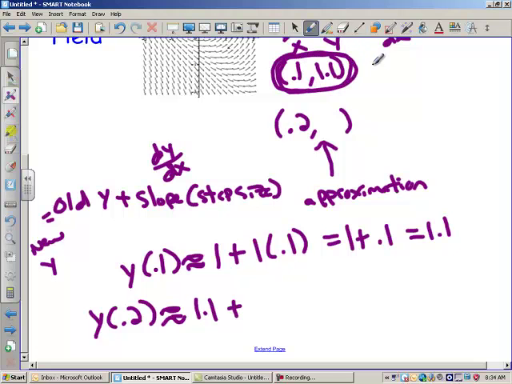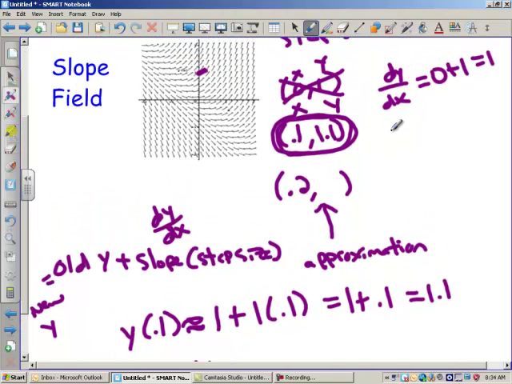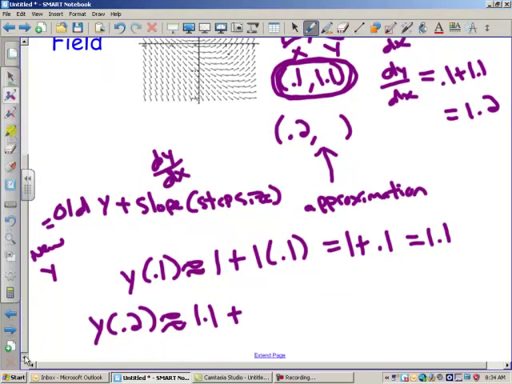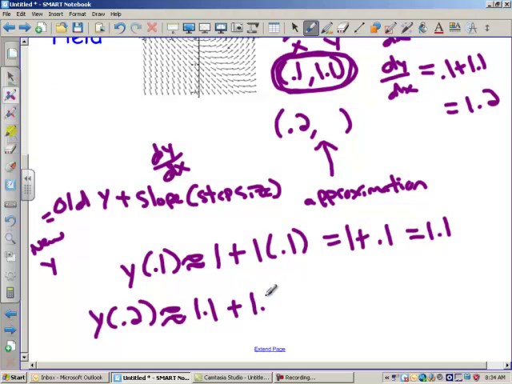And remember, our slope is dy dx equals x plus y. So dy dx equals x plus y, which is 1.2. That's my new slope. So I'm going to do 1.2 times my step size. So I've got 1.1 plus 1.2 times 0.1.